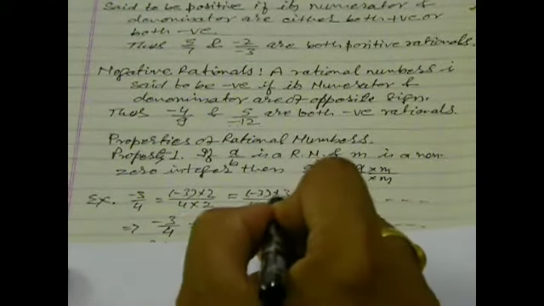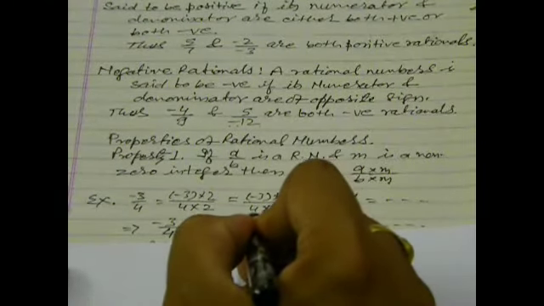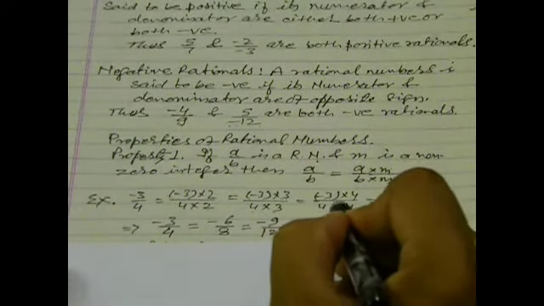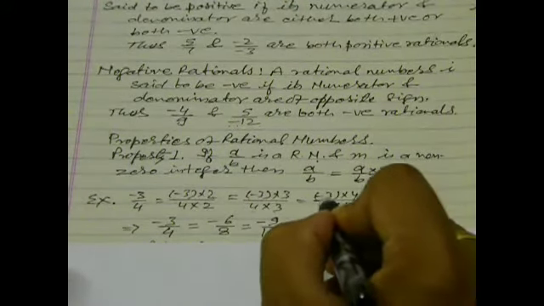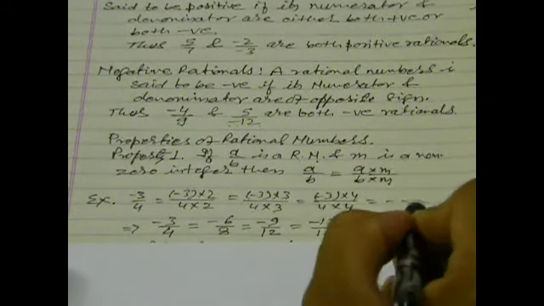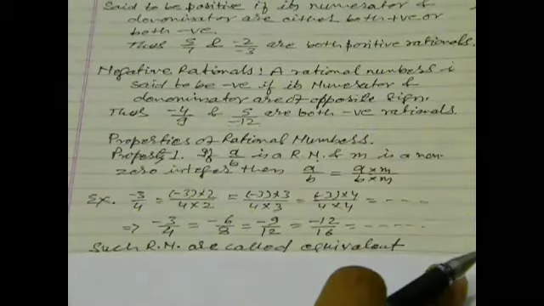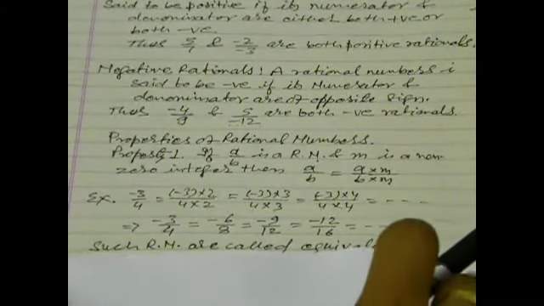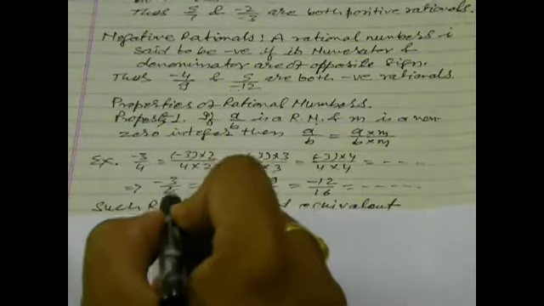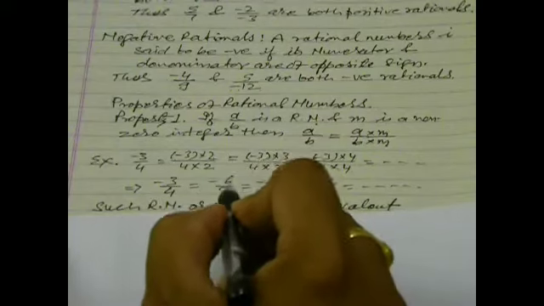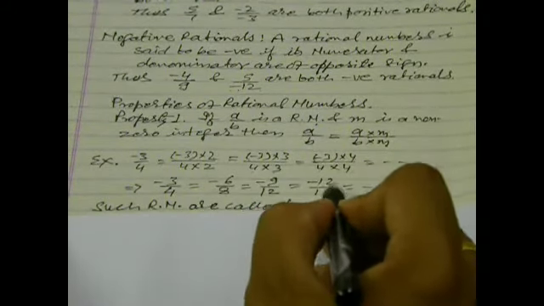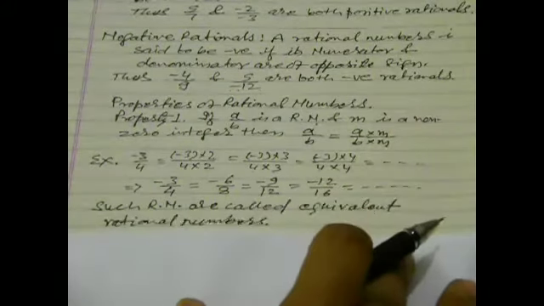Similarly, minus 3 is multiplied by 3 and denominator 4 is multiplied by 3. Next, we can write minus 3 into 4 and 4 into 4 in the denominator, and so on. So minus 3 by 4 is equal to minus 6 by 8 equals minus 9 by 12 equals minus 12 by 16.